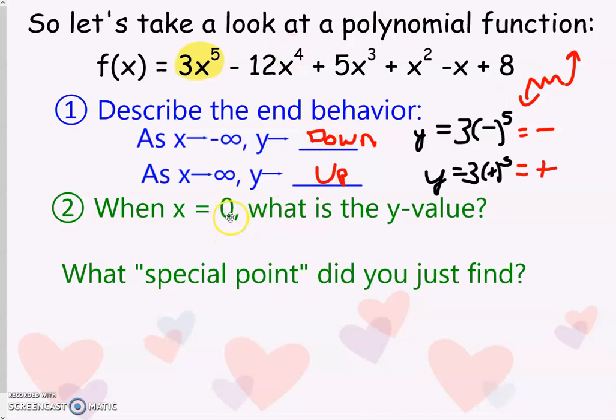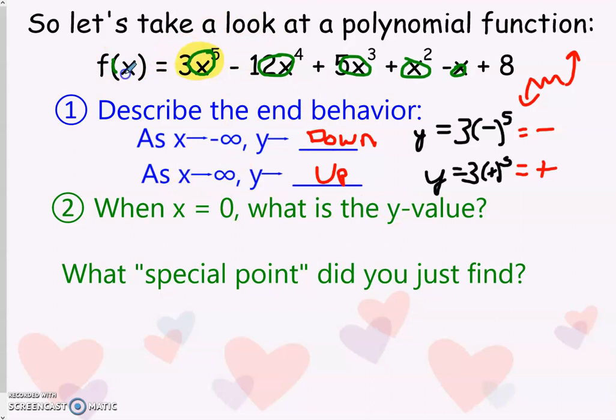But then I ask, what happens when x is 0? When x is 0, what's the y value? Well, when x is 0, this whole term becomes a 0, this becomes a 0, and this becomes a 0. So when x is 0, what's the y value?